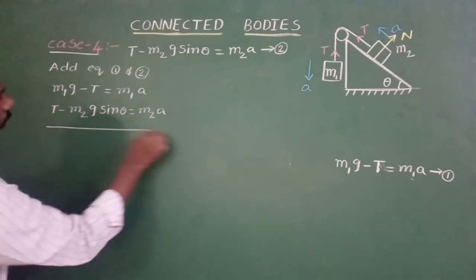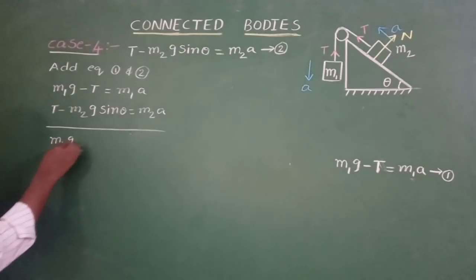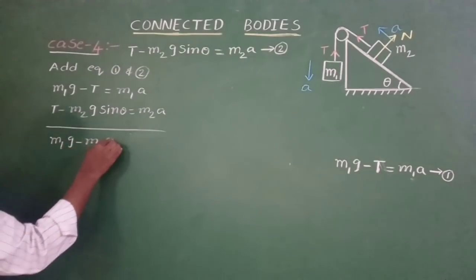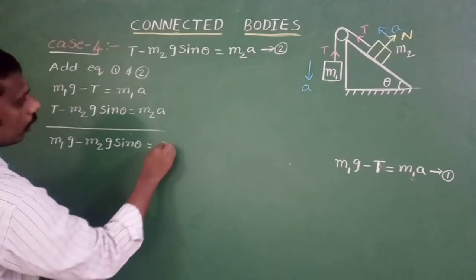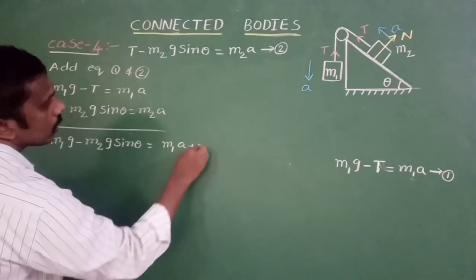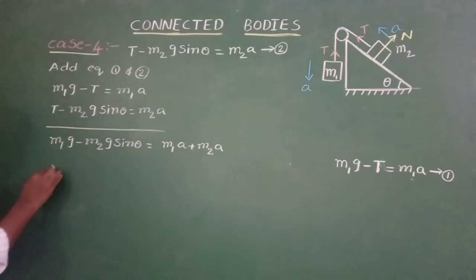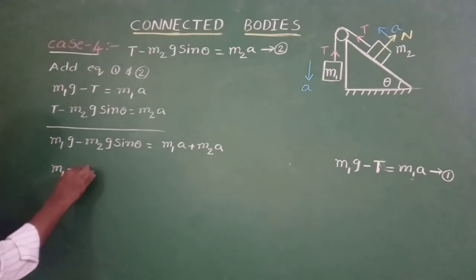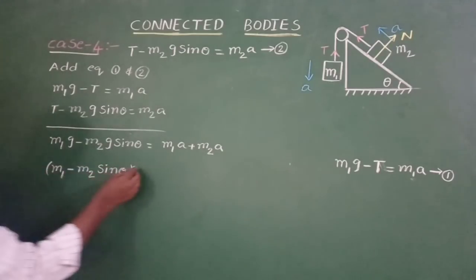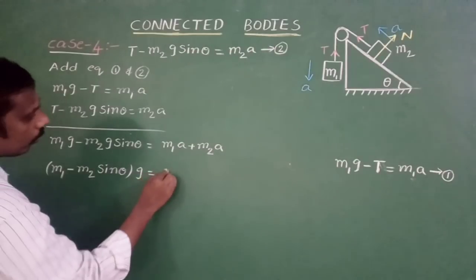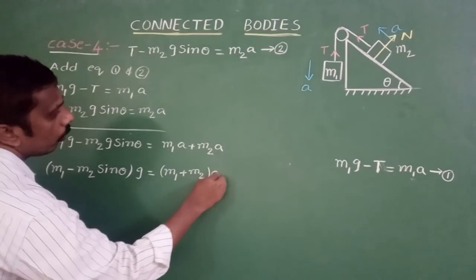Adding these two equations, minus T plus T get cancelled, we get m1g minus m2g sin theta is equal to m1a plus m2a. If you take g common, you get (m1 minus m2 sin theta) into g. You take a common, (m1 plus m2) into a.